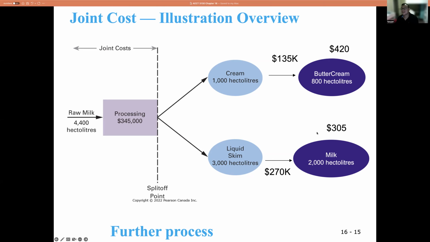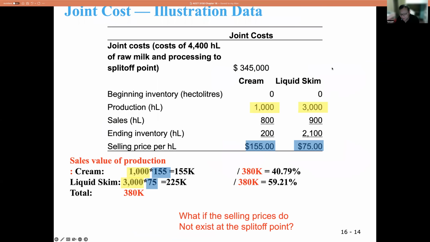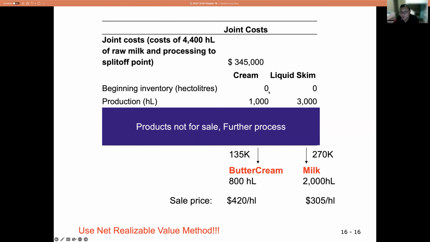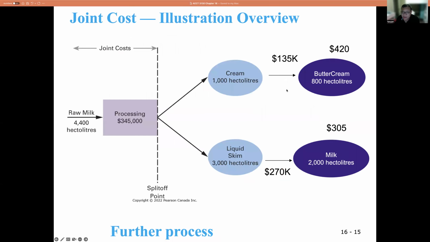So now when I further process this, I have sales numbers, because now you can sell it to the customer. But at the same time, I also incurred some cost, and these costs are called separable costs, 135,000 and 270,000.